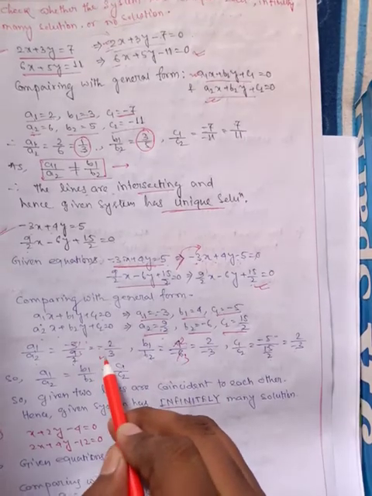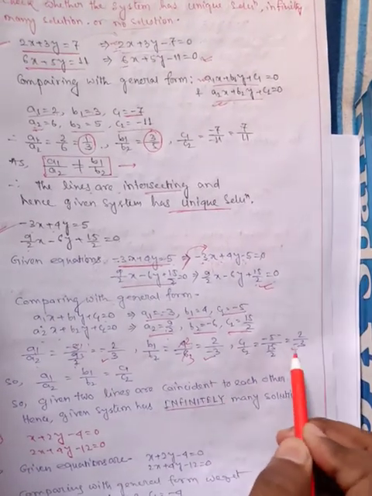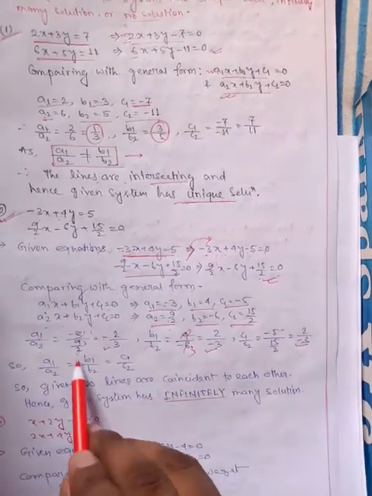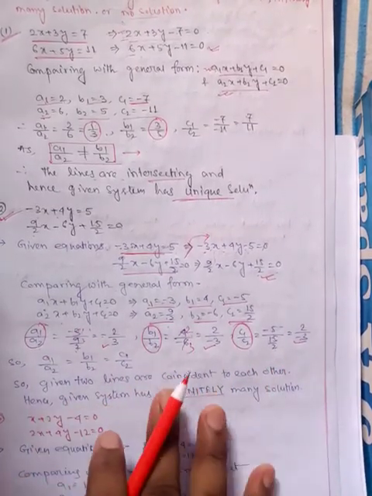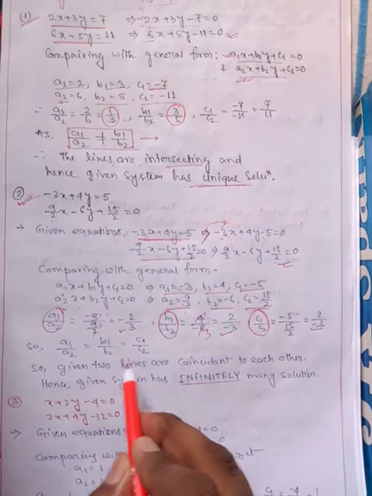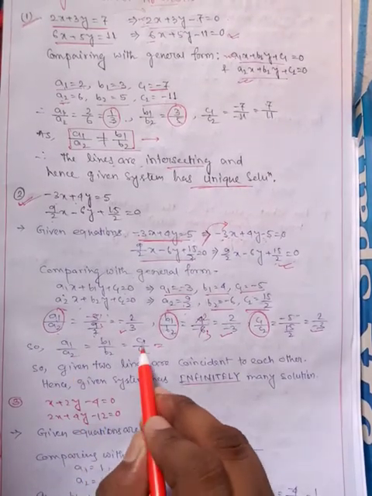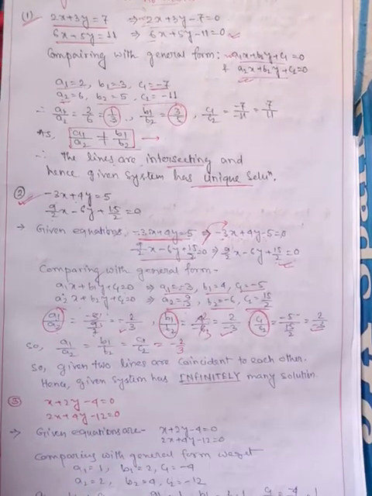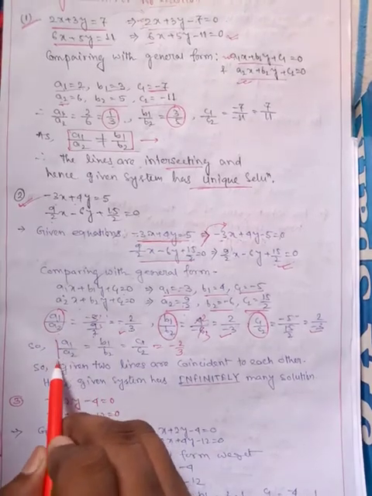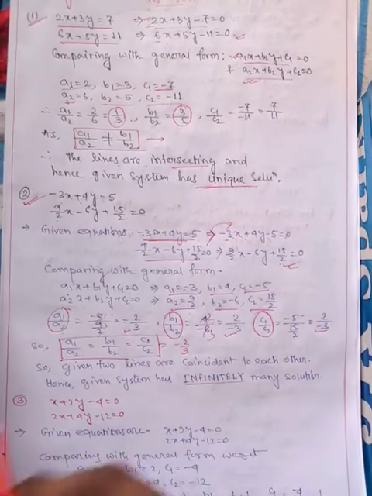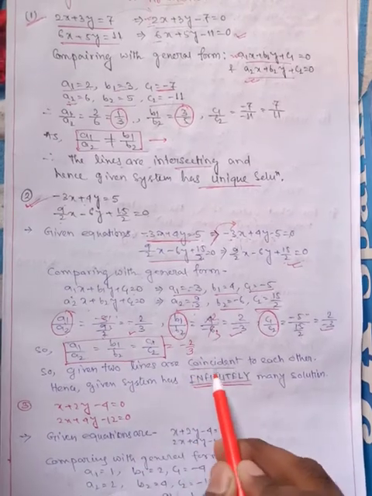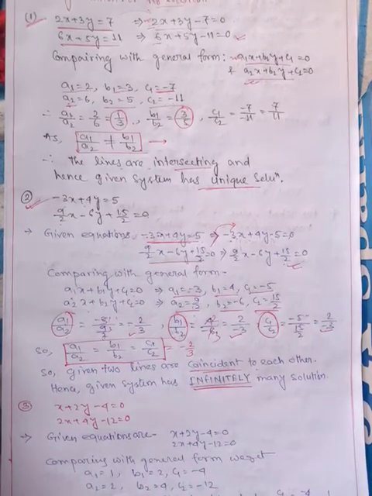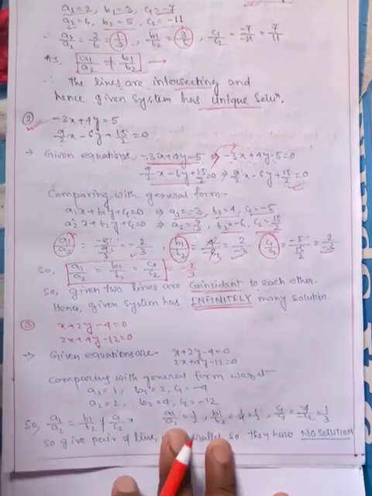So you can see here minus 2 by 3, minus 2 by 3, minus 2 by 3 for all three ratios a1 by a2, b1 by b2, c1 by c2. So when the three ratios are equal, you will get an infinite number of solutions. The lines coincide with each other. Okay, so we will get an infinite number of solutions.